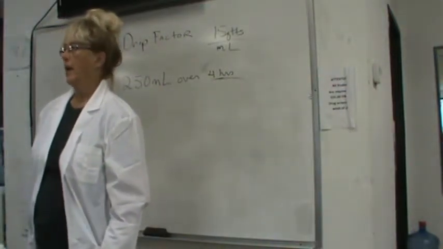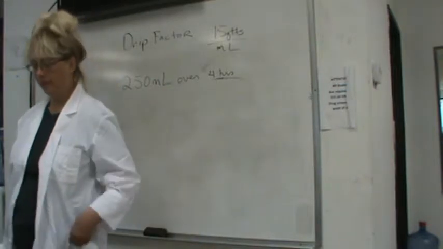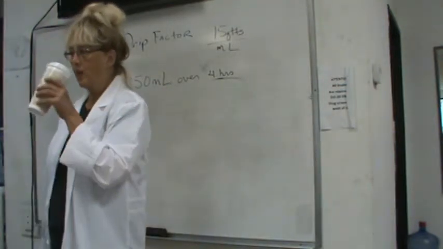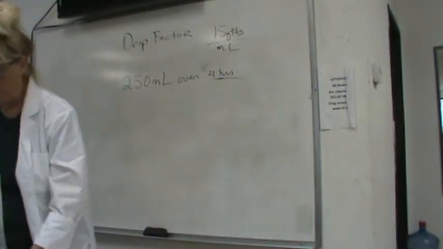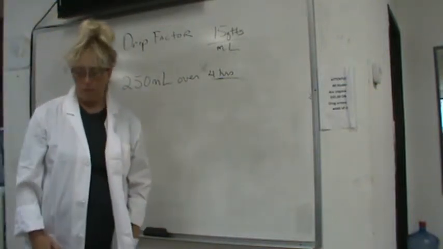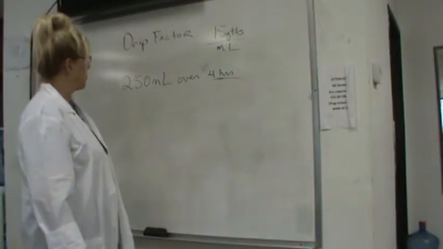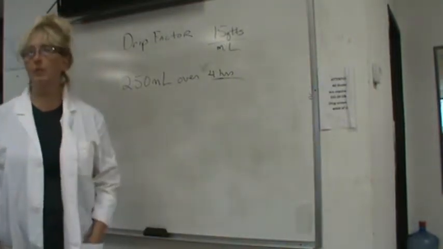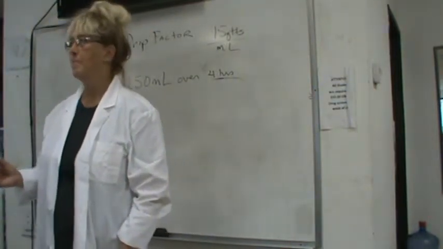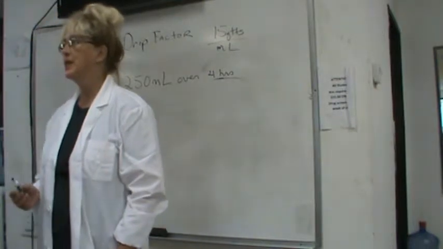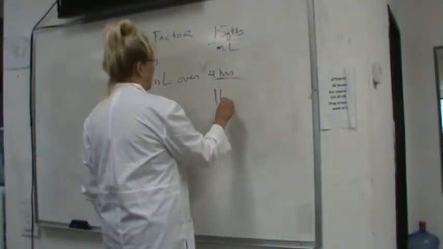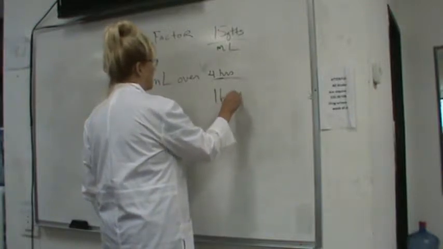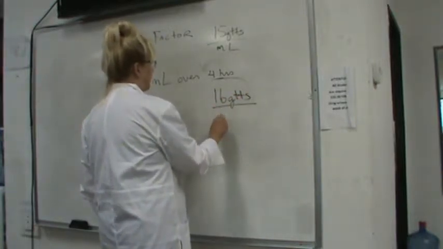Okay, how many got it already? 15.6, yeah. Okay, I'm hearing some numbers now. What did you get? It would be 16, right? You rounded? 16 drops per minute? Yes, ma'am.